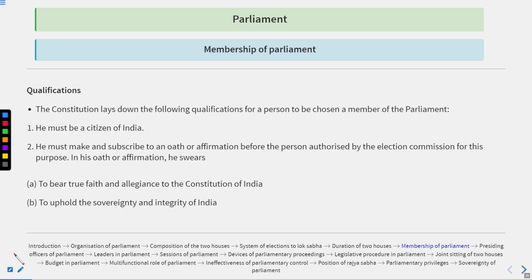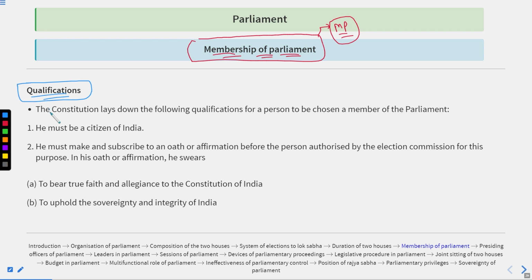Now, after making the revision, let's start with the new topic, which is the membership of the parliament. How could a person be a member of parliament, or MP? The first thing is the qualifications: what qualification must the person have so that he could be elected to the parliament.